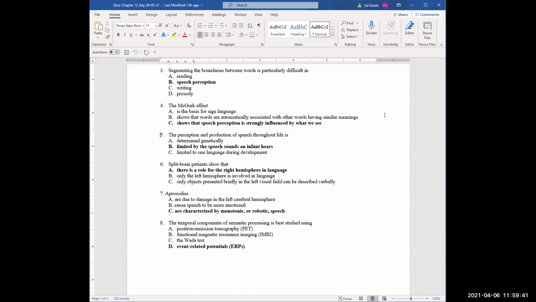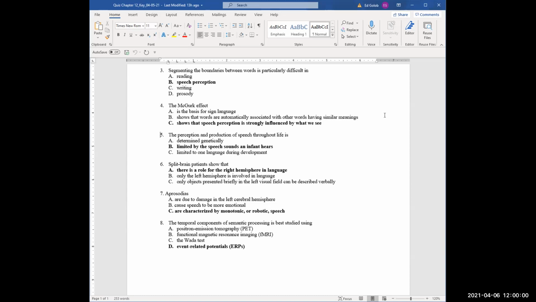So aprosodias, that's C, and that's due to brain damage. I'm not aware of a developmental disorder where people have difficulty with prosody, although sometimes you'll see it in other developmental disorders. You may see it, for example, in autism spectrum disorder.